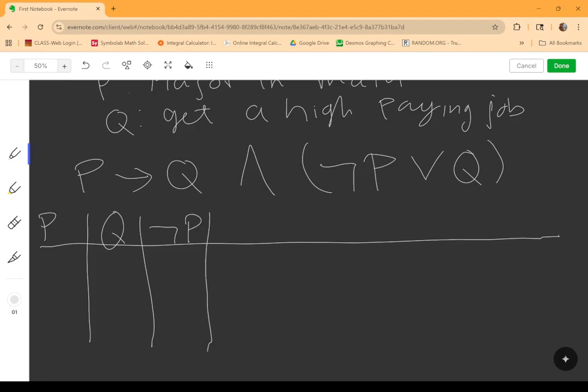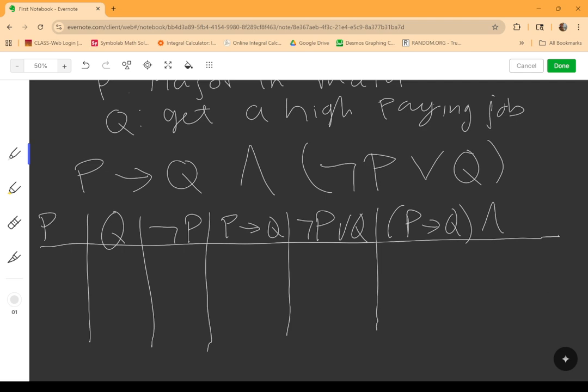All right, and then we have our implication P implies Q, and then not P or Q, excuse me, and we put those together. Okay.